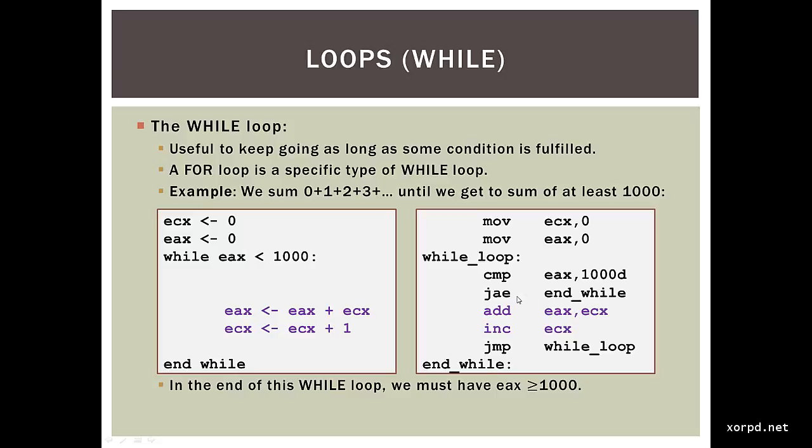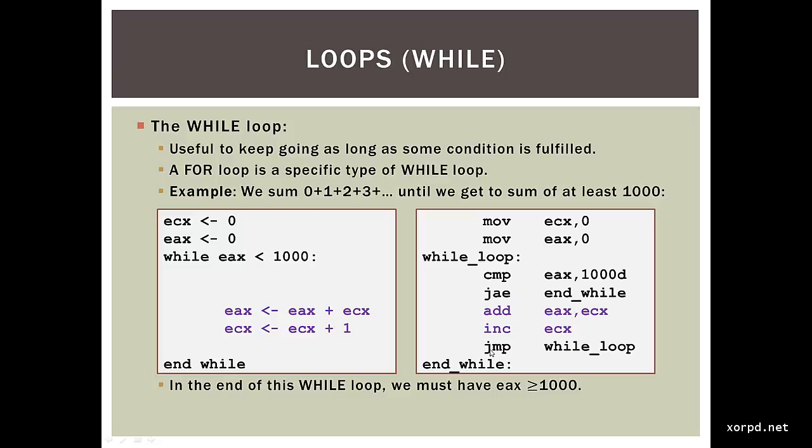But if the opposite condition is not fulfilled, then we go on to execute the actual iteration, the actual work inside the loop, which consists of those two instructions, which correspond to these two commands in the pseudocode. We just have the summation, which is add EAX ECX, and then we increase the index, ECX.